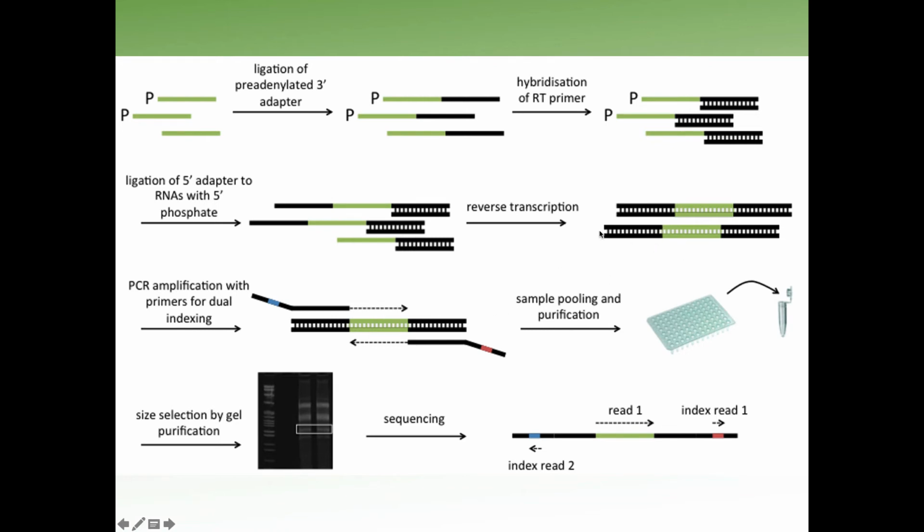Once we have that cDNA product, we'll use PCR to amplify that target, and then do some size selection to make sure we're only sequencing things of a very specific size range. This allows us to sequence this thing, and basically the microRNA is going to sit in between some indexes that we can already read and understand. It's how we target these small RNAs, right? We just ligate some adapters onto it, make it into cDNA, and sequence it.